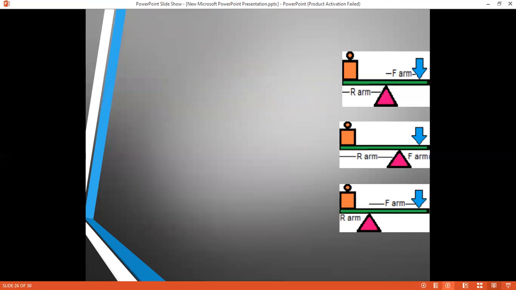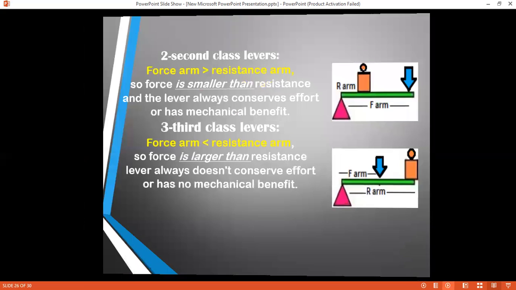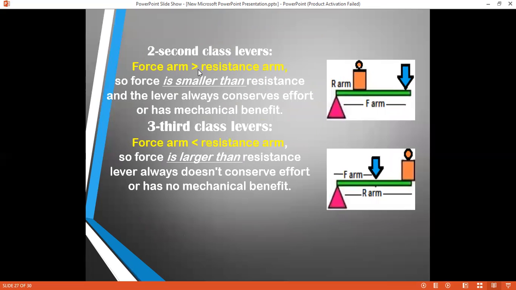Okay. Second case, the second class lever. If the force arm is more than the resistance arm, this means force is smaller than resistance, right? So these levers always save effort.